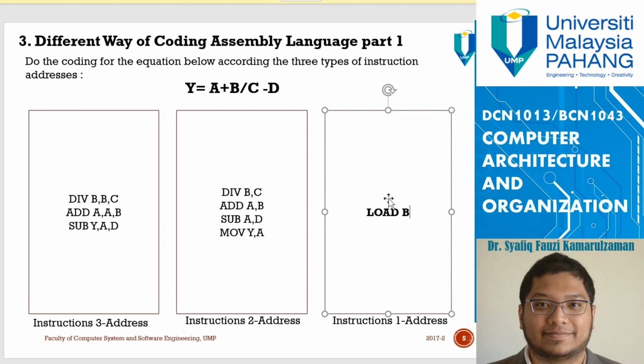You load B inside the accumulator, then divide C, which is B divided by C, then add A, then sub B, and finally sub D. Then in my PowerPoint slide I put store Y, meaning the answer accumulated up until these 4 codes is stored in register Y. End of one topic.